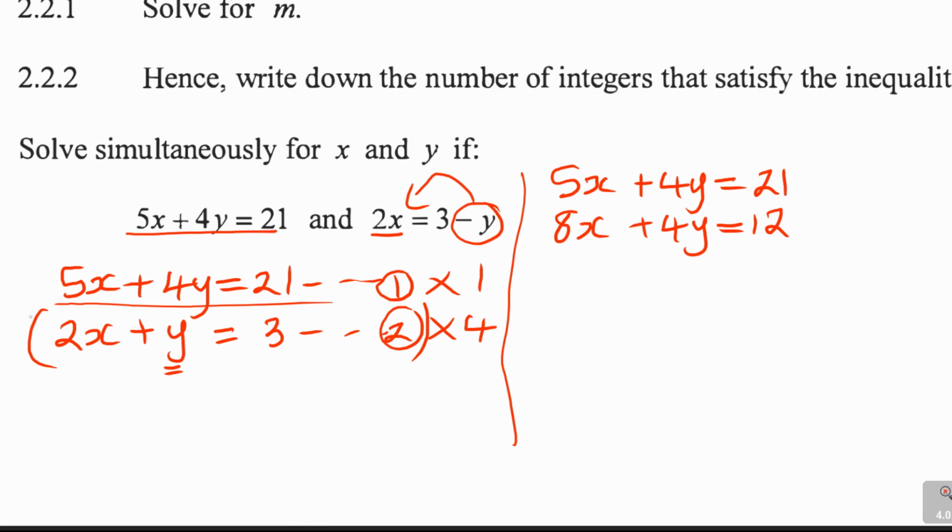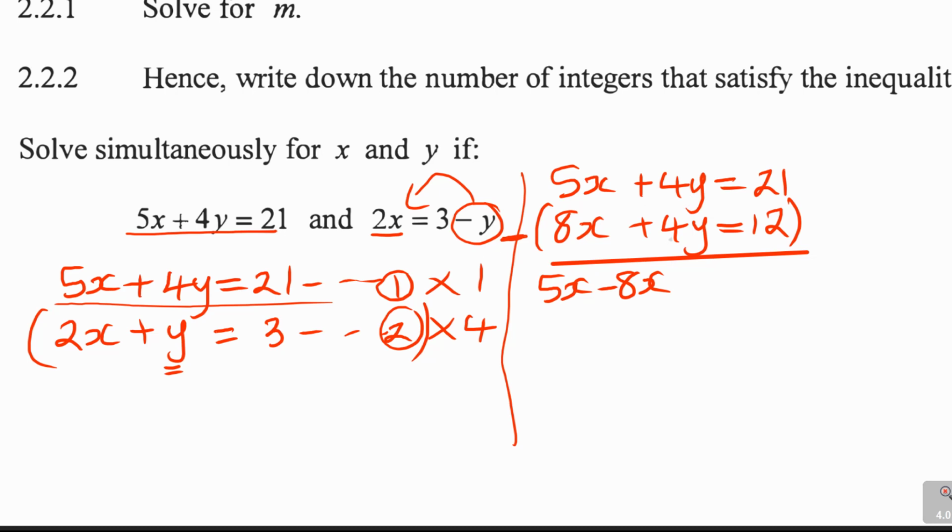From there, you rule off here, and then what you do? You put a bracket there, and you ask yourself, if it's plus 4y and plus 4y, I can subtract this so that it goes off. So it will be 5x minus 8x.